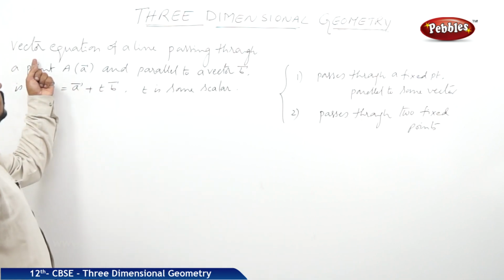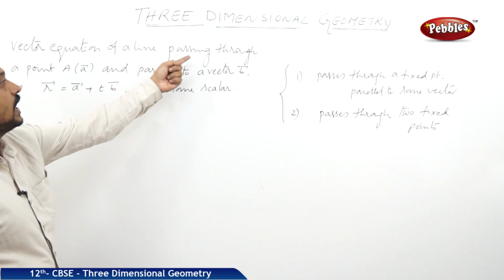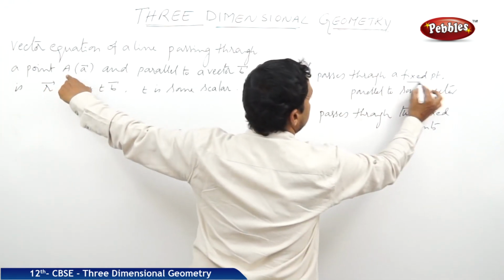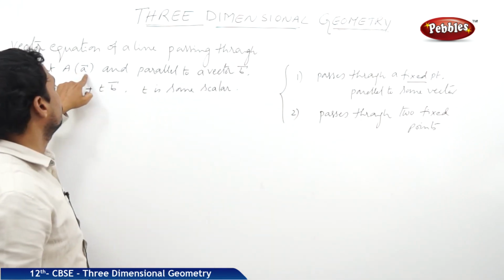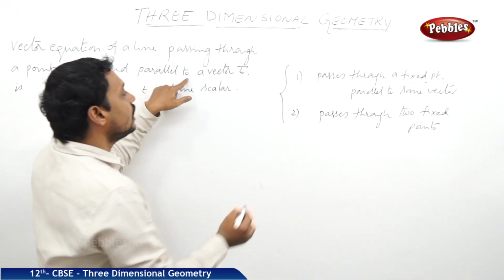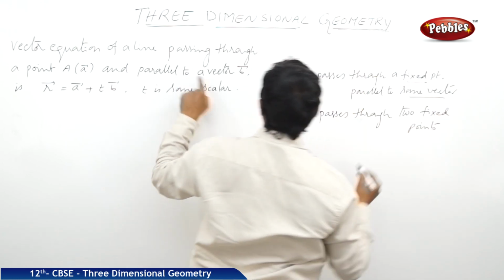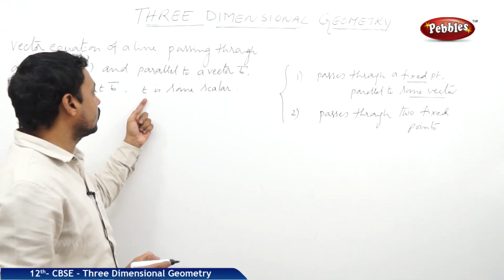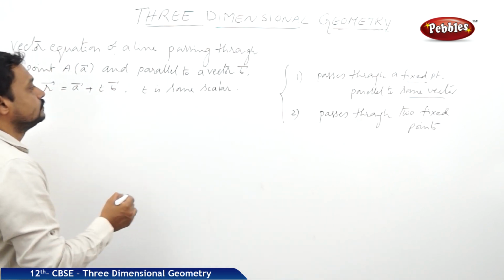Now let us find the vector equation of a line which passes through a fixed point whose position vector is A bar and parallel to some vector B bar: R bar is equal to A bar plus T into B bar, where T is some scalar.